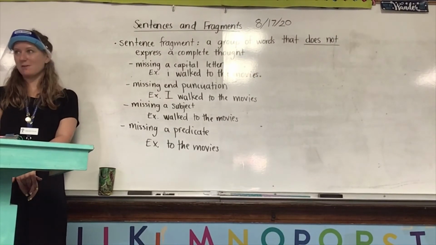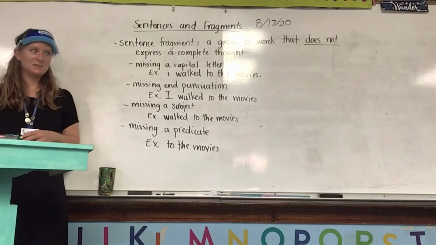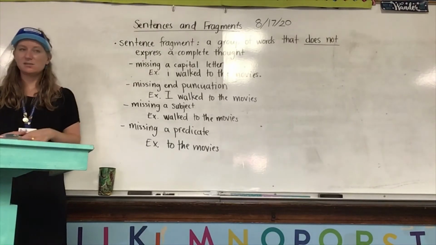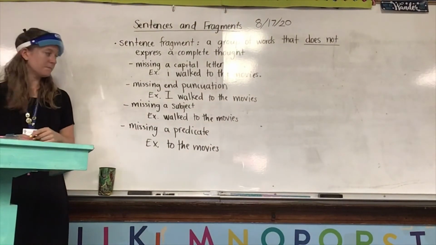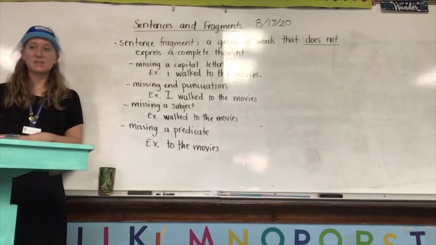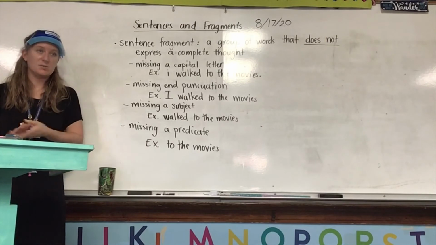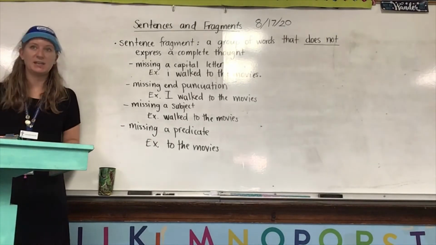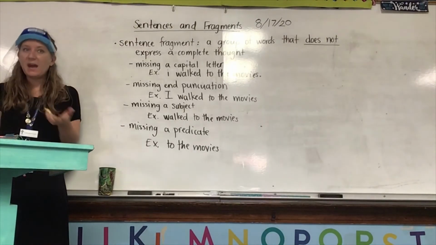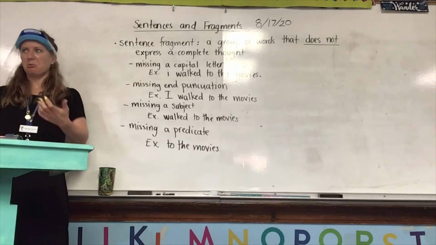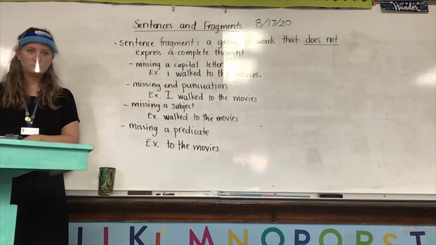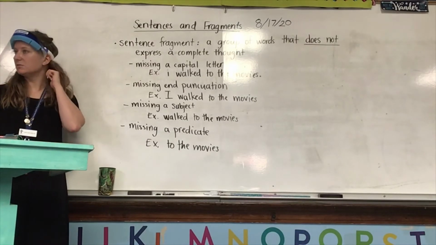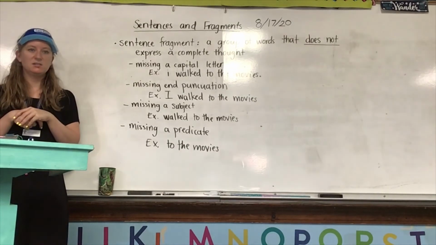You'll be doing a lot of writing this year, so work those hand muscles. To the movies is missing both a who and a what. So it's missing both the subject and a predicate. Well, what about to the movies and who is going to the movies? When you're done, just put your pencil down and look up here.